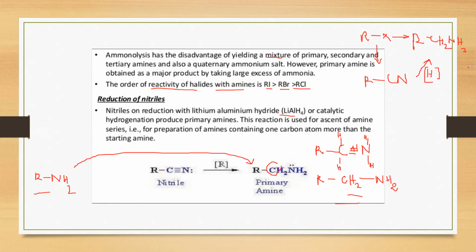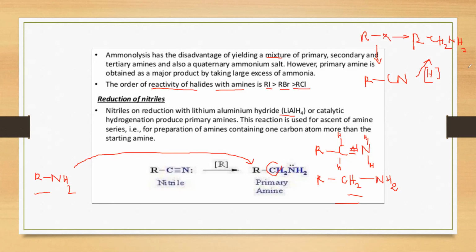In the ammonolysis reaction using ammonia, we are doing a nucleophilic substitution reaction on an alkyl halide. So we will get a mixture of primary, secondary, tertiary amines, as well as a quaternary ammonium salt. The main disadvantage is that it yields a mixture of products.